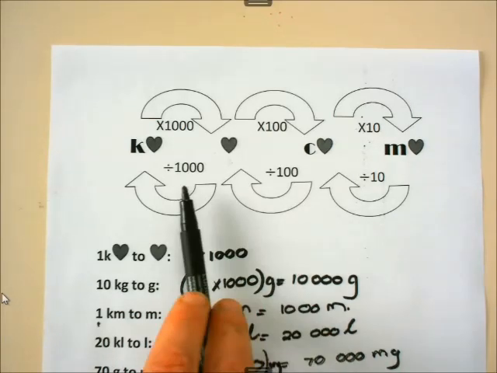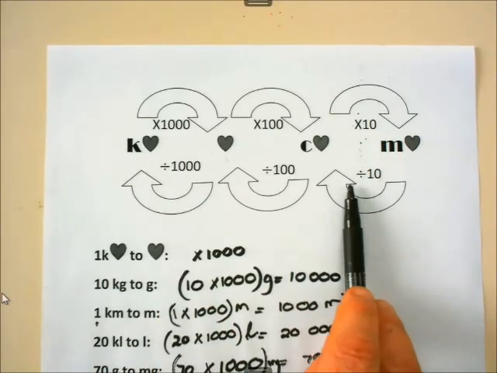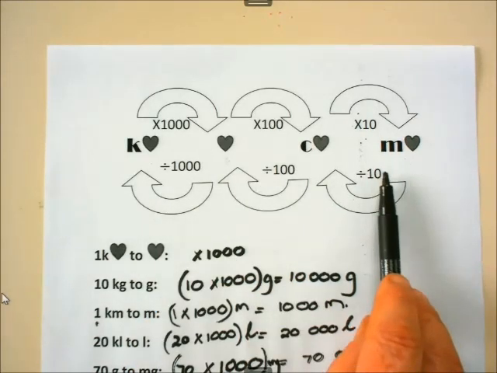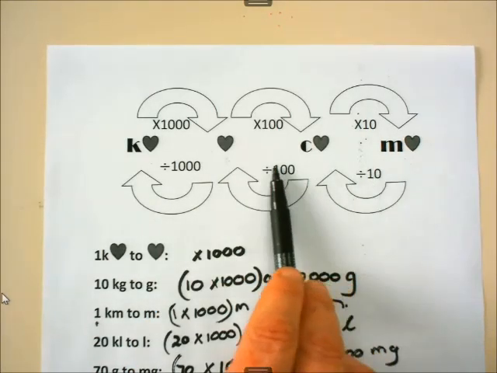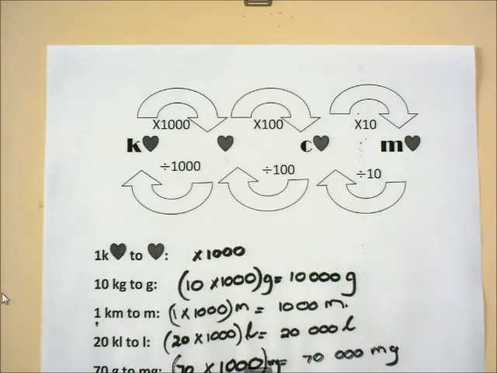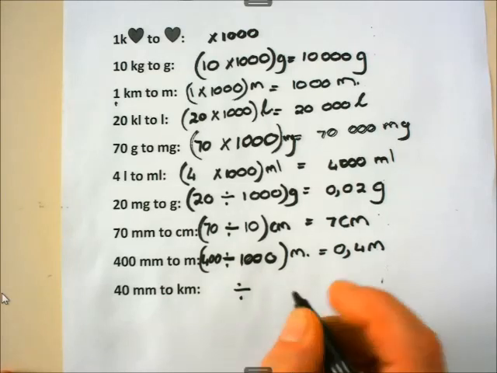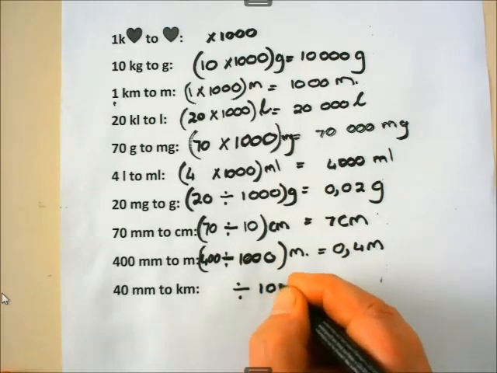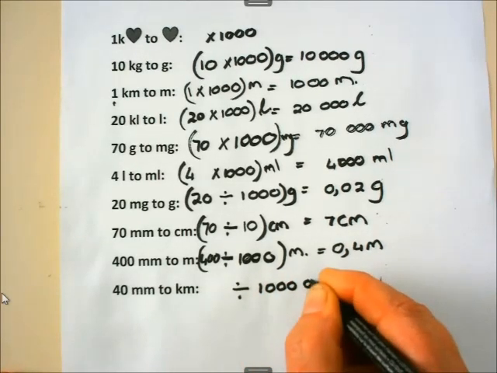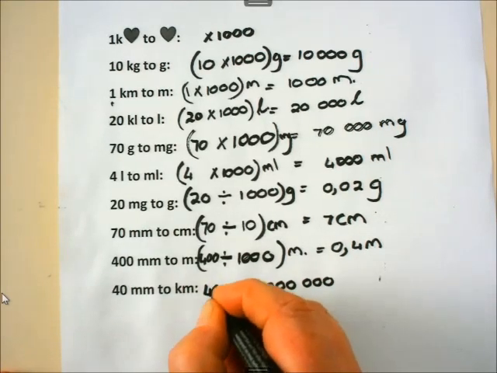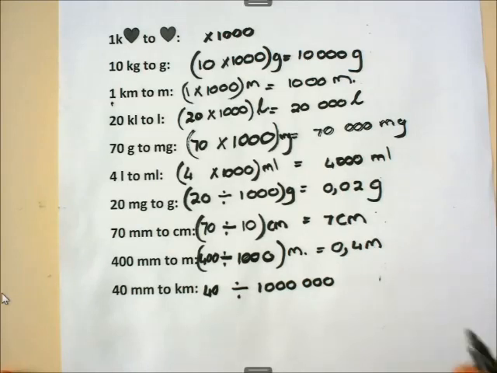You're going to divide with a 10, then 100, and then 1,000. So at the end of the day, you have 1 and 1, 2, 3, 4, 5, 6 zeros. So when you are going to divide here, you are going to divide with 1 million. There are 6 zeros. I'm taking 40 millimeter to kilometer.